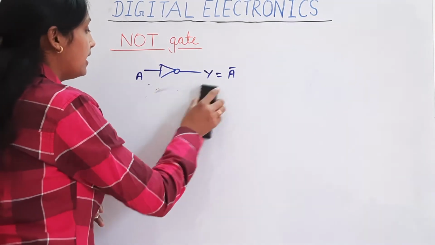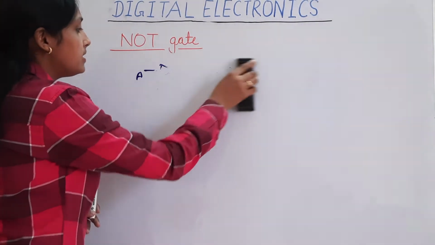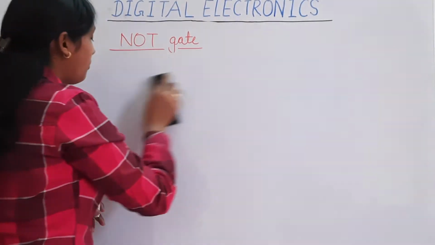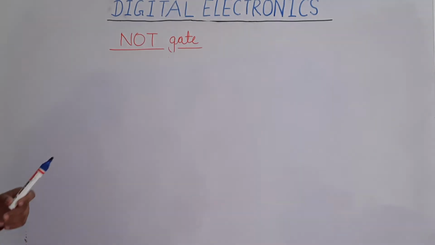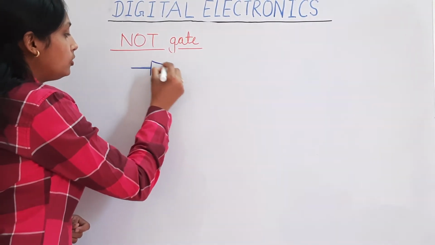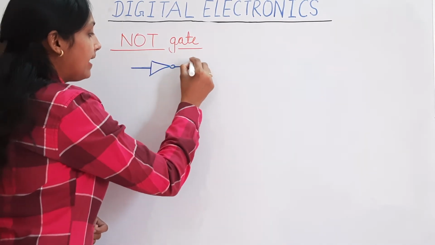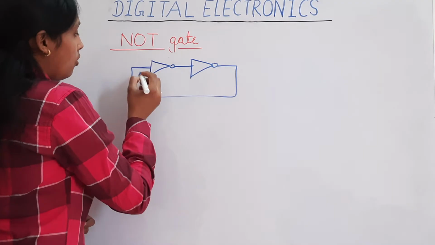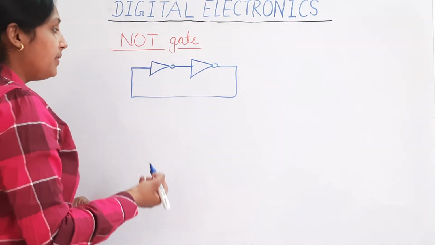We discussed this earlier also. Now we will see some properties of NOT gate. First, if we are connecting two NOT gates back to back like this, we will see how it behaves.